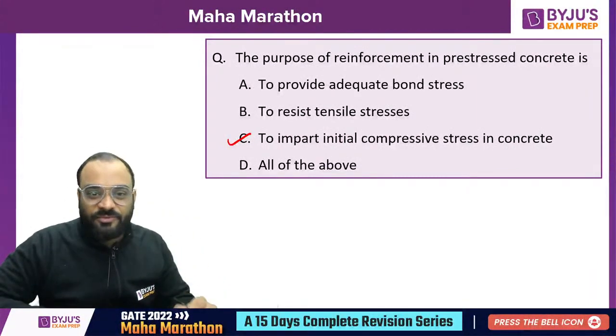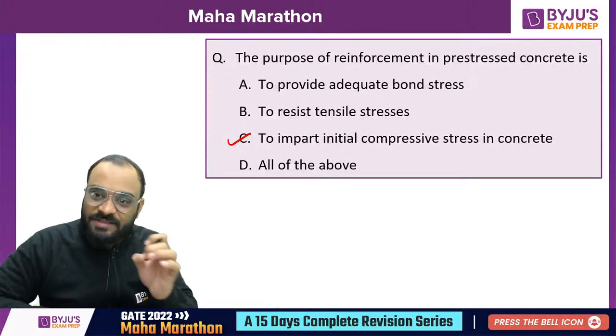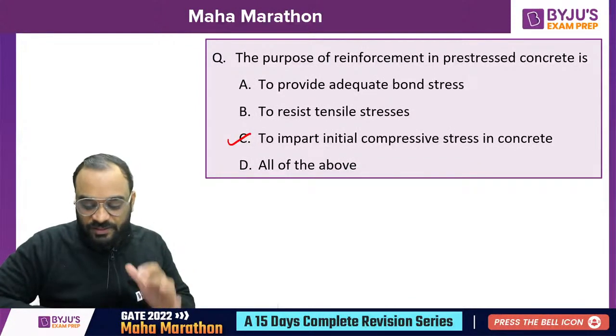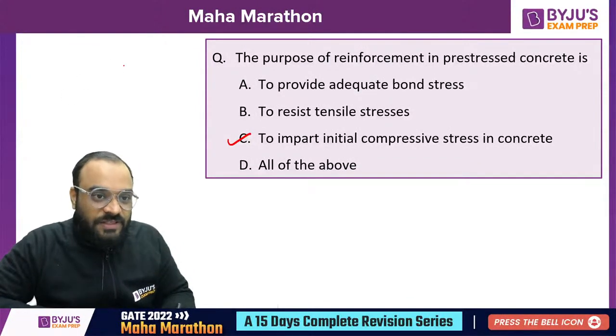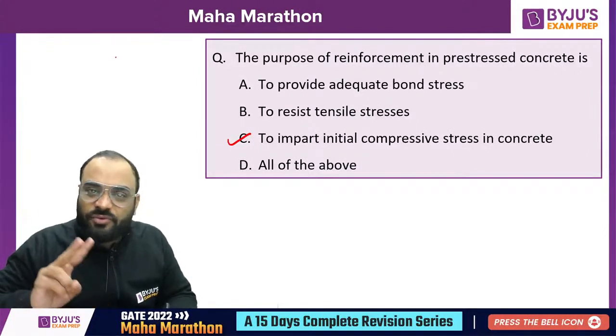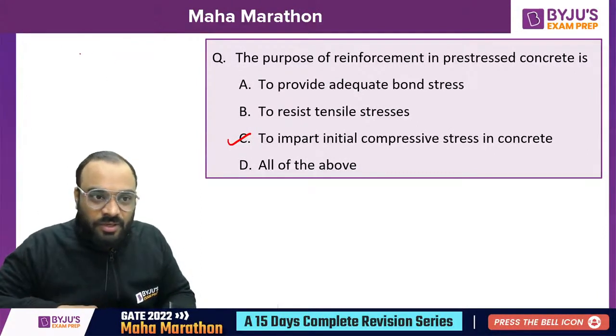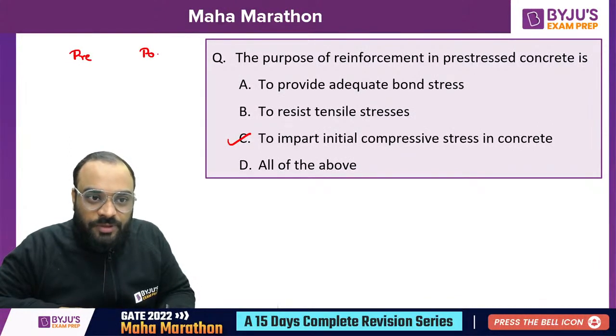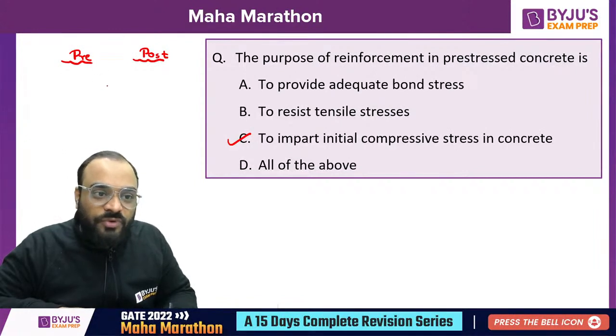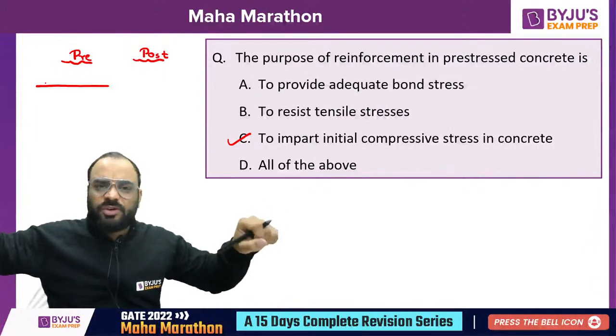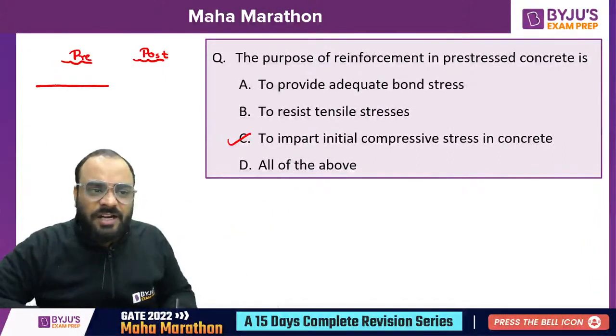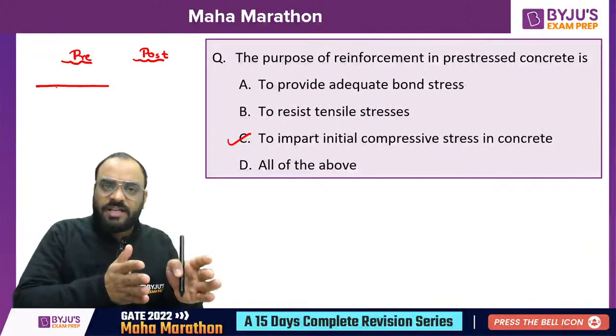Guys, listen very carefully. What is the purpose of reinforcement in pre-stress concrete? That we need to understand. We know that we have two types of pre-stress concrete member. One is pre-tension, and second one is post-tension member. In case of pre-tension member, first you extend the reinforcement, or you can say the cables, and they get sufficient tensile strain.